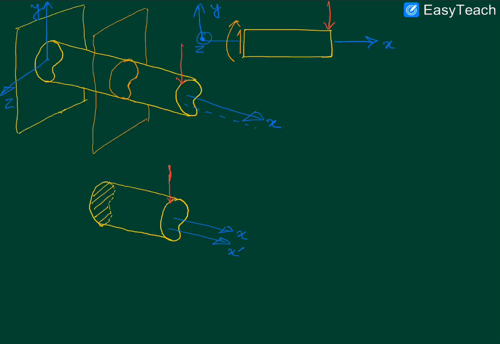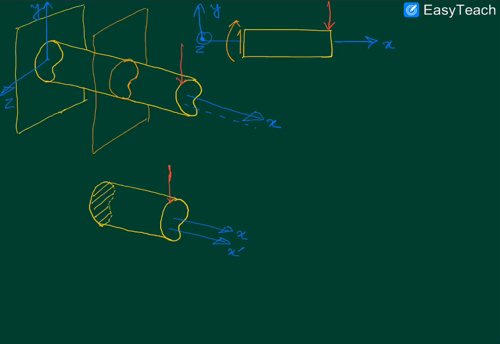So, tying everything together, if it so happens that this externally applied transverse force indeed passes through the shear center of the cross section, then the entire distribution of shear stresses here, when we take the torsional moment about any axis, will turn out to be such that it balances the torsional moment here.